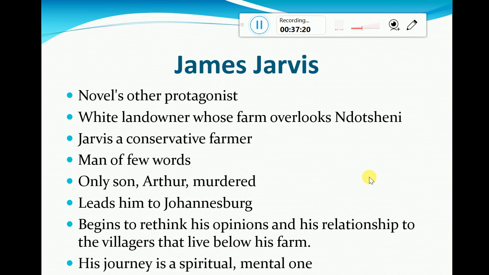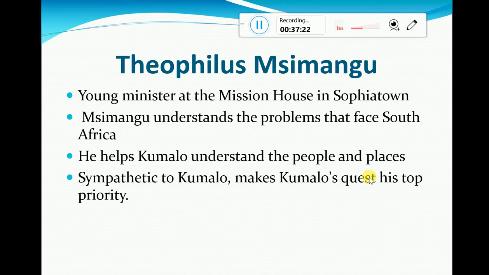And then we've got an important role or figure, if not character, Reverend Theophilus Msimangu, who wrote the letter to Stephen Kumalo to go to Johannesburg simply because Gertrude was sick. He's going to play a very significant role of accompanying Stephen Kumalo, also finding a place for him.